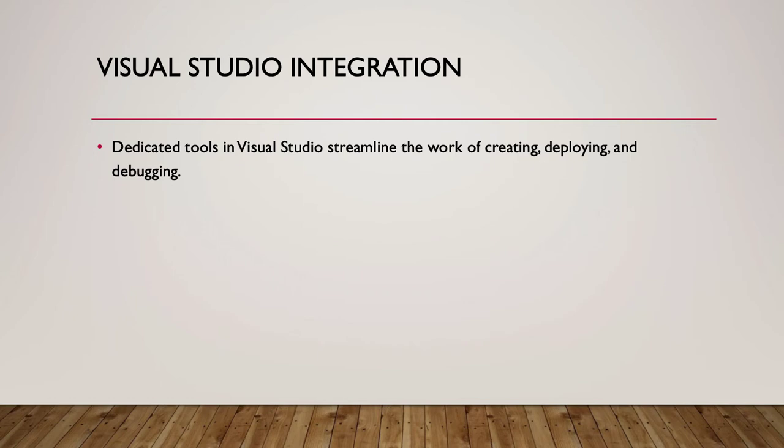There is Visual Studio integration. Visual Studio has dedicated tools which actually can streamline the work of creating, deploying, and debugging, and your developers are going to deal with those in a very seamless fashion without even noticing that they're working with the web services while they're sitting at their computer running Visual Studio.